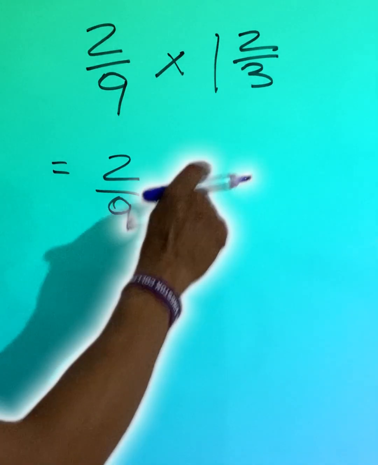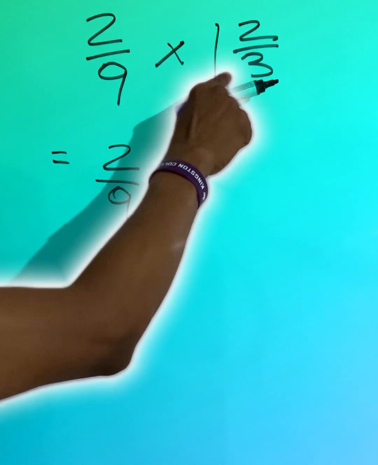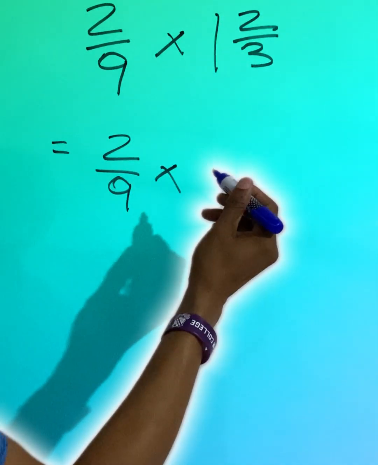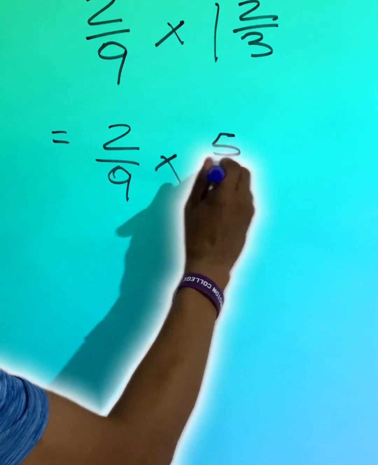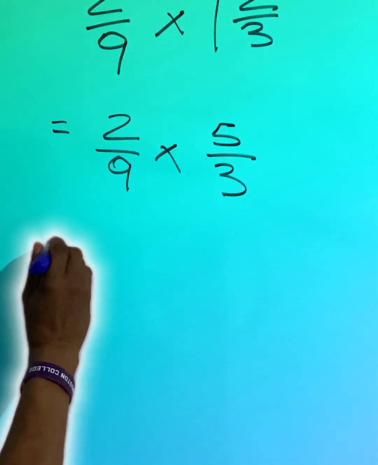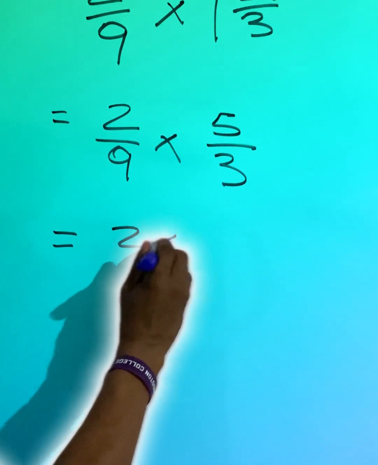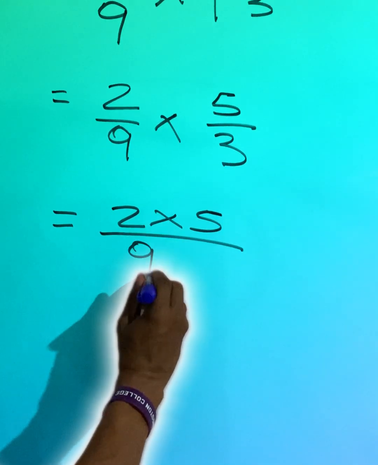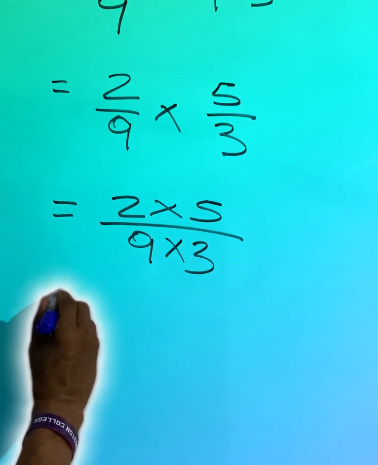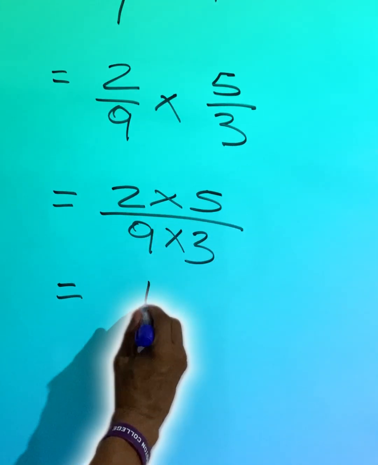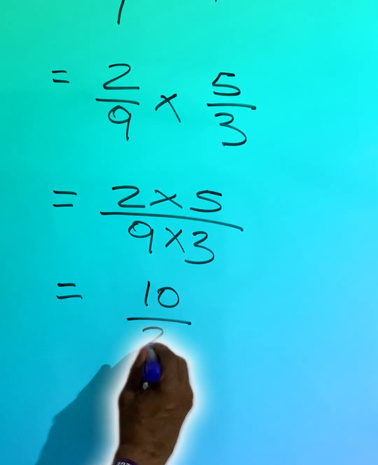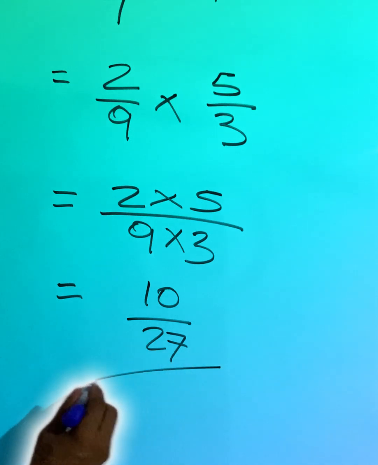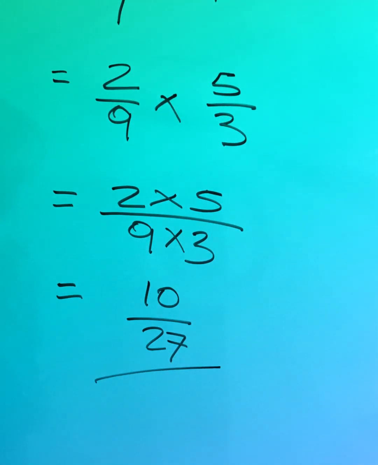So to convert, 3 times 1 is 3, plus 2 equals 5. So we have 5 over 3. This is equal to 2 times 5 over 9 times 3, which is equal to 2 times 5 is 10 over 27. I hope you're keeping up with me, okay?